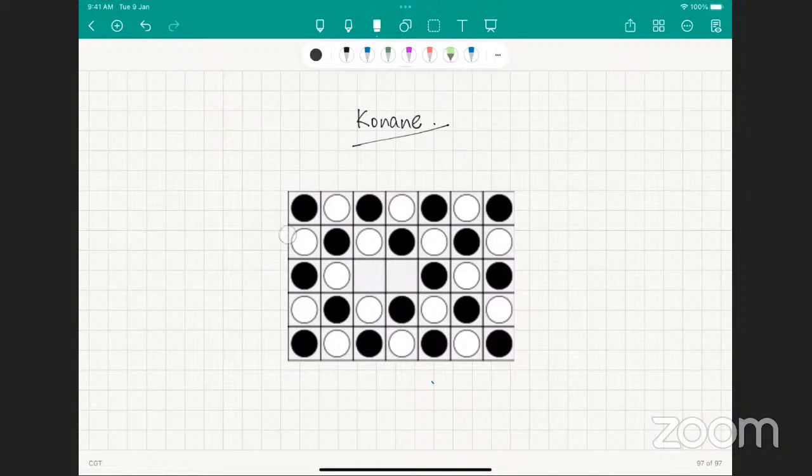On your turn, you essentially use one of your stones. So, let's say you're playing black. You'll have to use one of the black stones to jump over a white stone and reach an empty spot.